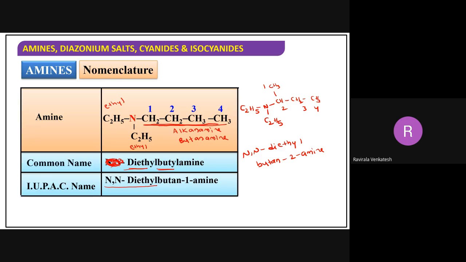In the previous case, we did not do any numbering because with 2 carbons there was no problem. When you get more carbons, the numbering is compulsory. Understood? Any doubts regarding this? Giving numbering, we got 2 and 1?